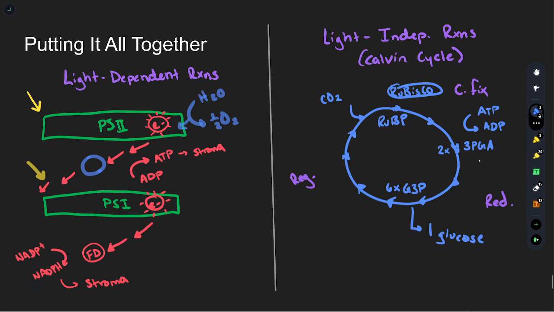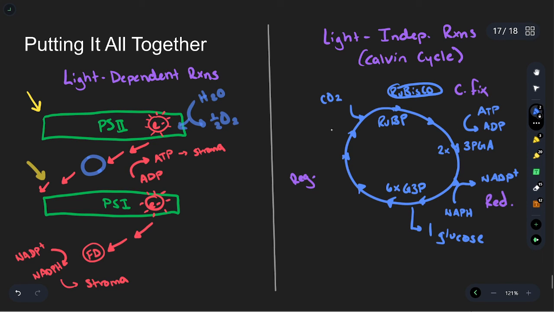While we're reducing 3-PGA to G3P, we need oxidation because reduction is coupled with oxidation, and so we oxidize NADPH to NADP+. This glucose that gets released can participate in other parts of the cell as cellulose for structure or as energy storage in starch. 5 of them, again, get regenerated to form ribulose bisphosphate again, and the cycle repeats.